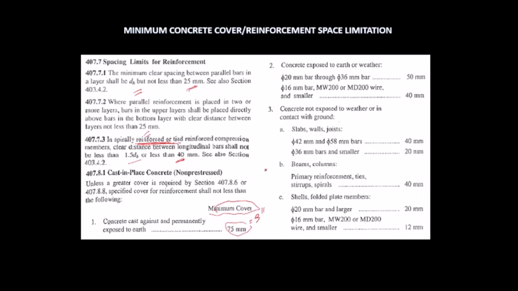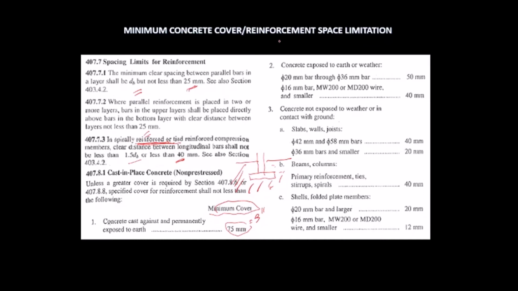Sa mga footings. Okay, footings. Halimbawa, ito yung footings natin. Tapos, paril niya, dito. Ito yung level ng ground. Kailangan, since earth ito, kailangan yung clear covering natin will be 3 inches, mas makapal siya.